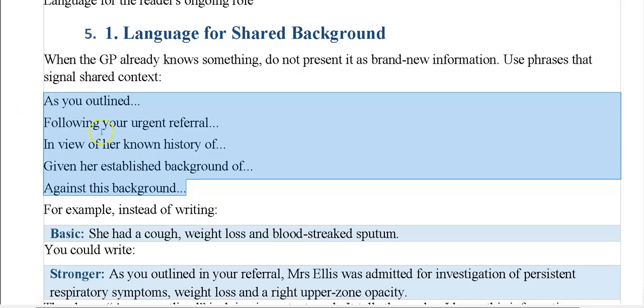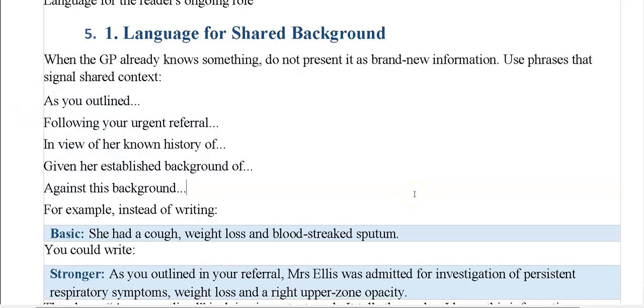So these phrases, if you use these, it's not presenting it as, by the way, doc, here's something that you don't know, because the GP is saying, well, actually, yeah, I do kind of know it. So you can use these, okay?